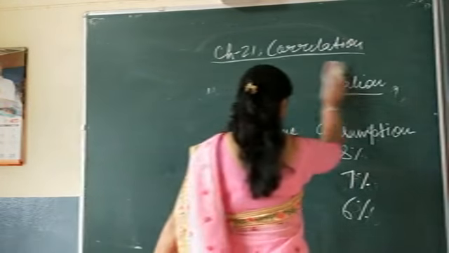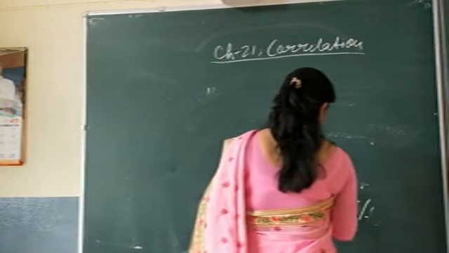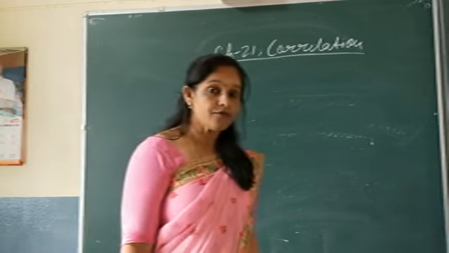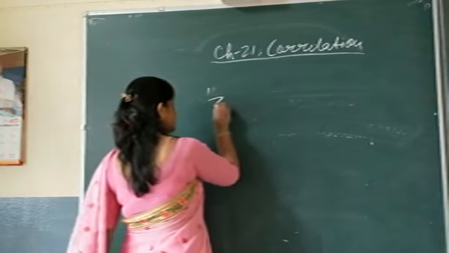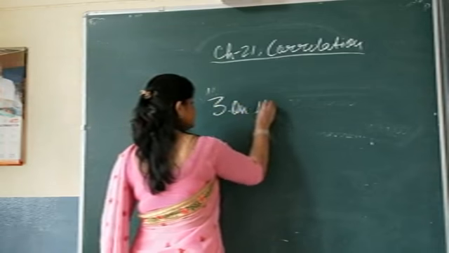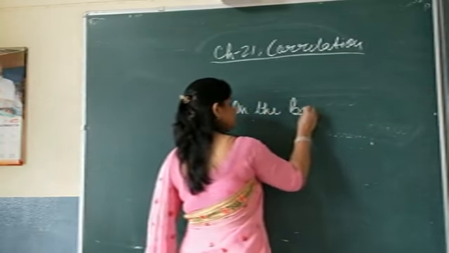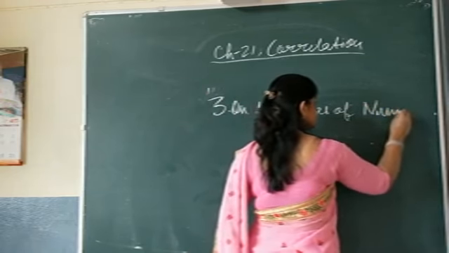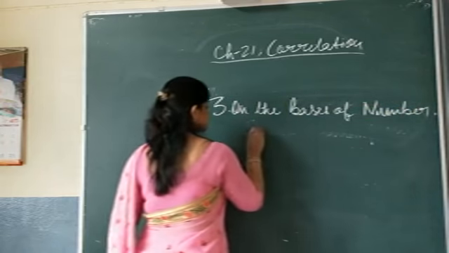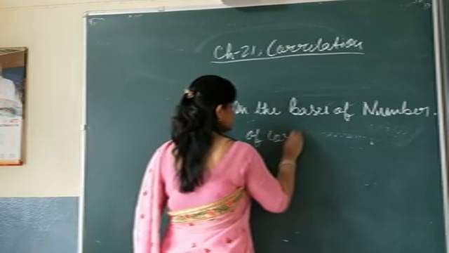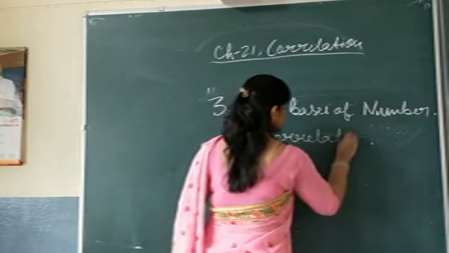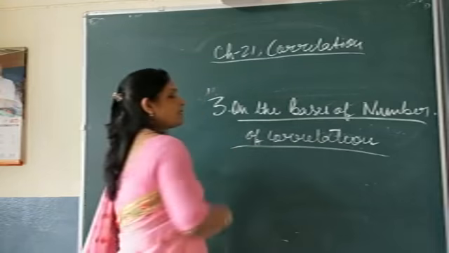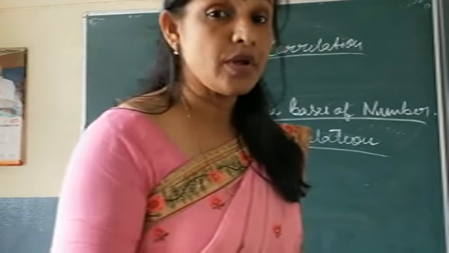Now we need to do the third type of correlation, and we'll complete this topic today. What is the third type? On the basis of number of variables. Write on the basis of number of variables.